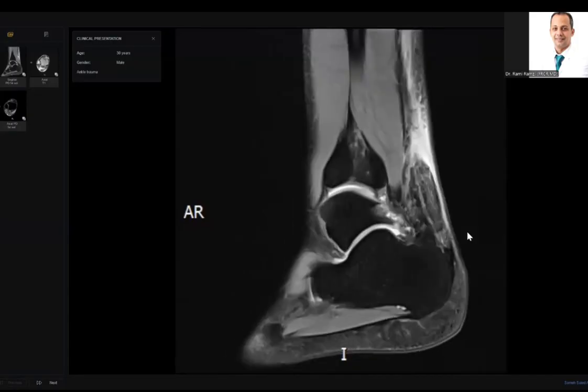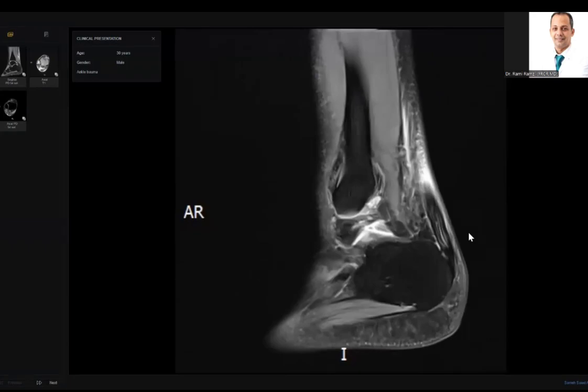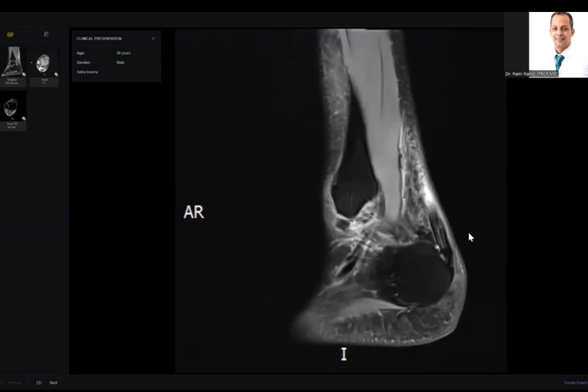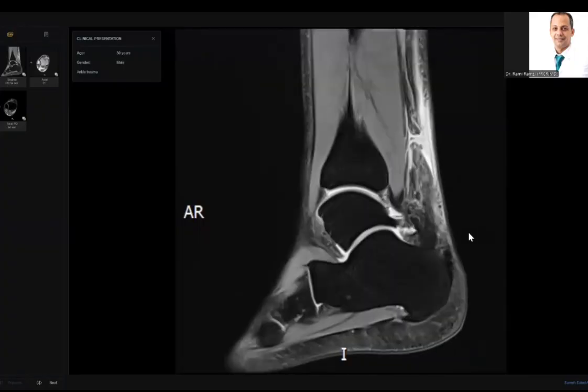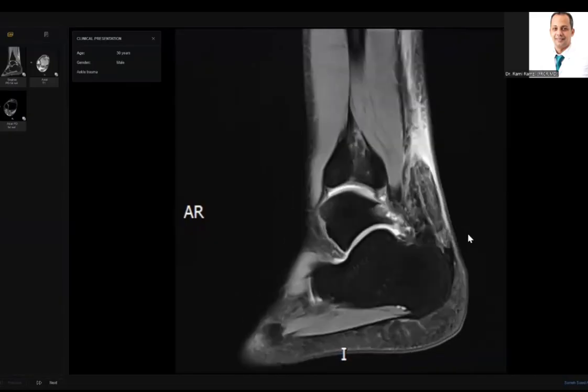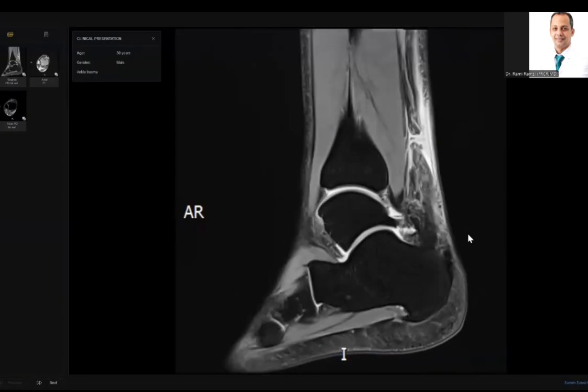What is this? Okay, so the calcaneum, just move. Yeah, stop here. What happened here? This is the area of interest. What happened?